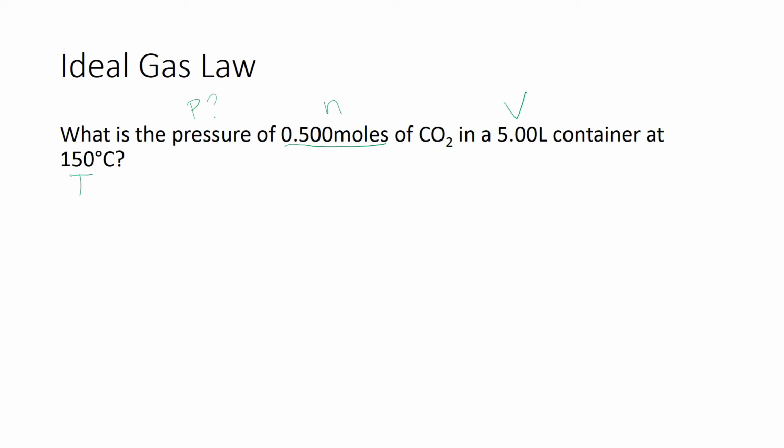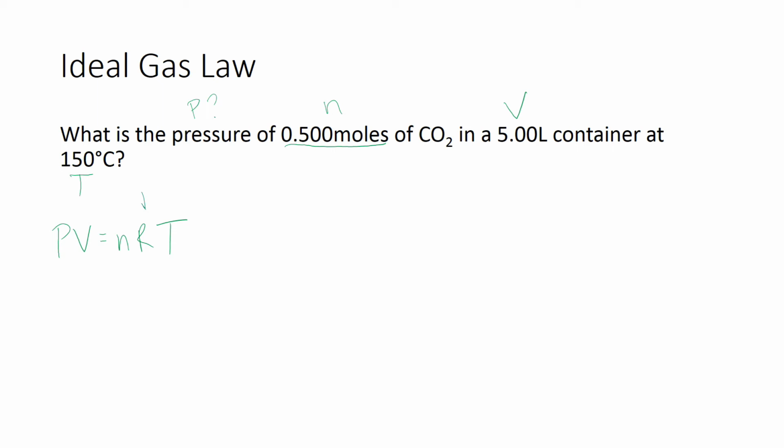So looking at this, it looks like I have the ideal gas law because I have pressure, volume, temperature, and moles. The ideal gas law is PV equals nRT. So I have all of these, but right now I have two unknowns.